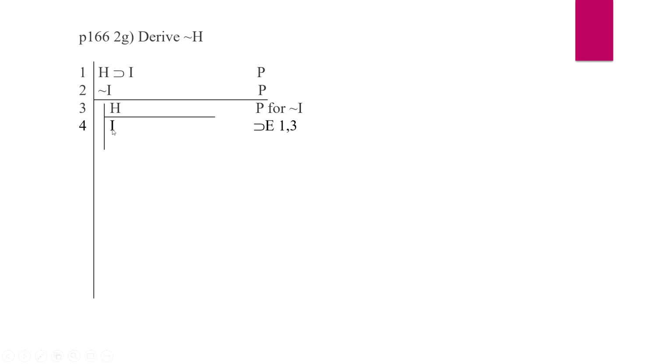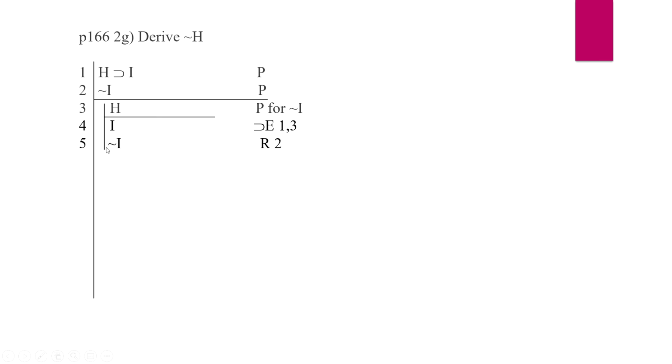We see we have I, and we have it's not the case that I on line 2. So we can reiterate that in and have it's not the case that I on line 5. And remember, it's important that you reiterate that in. Even though you can see the contradiction by having I on line 4, and it's not the case that I on line 2, to use the negation introduction or elimination rules, you have to have that contradiction inside that scope line.